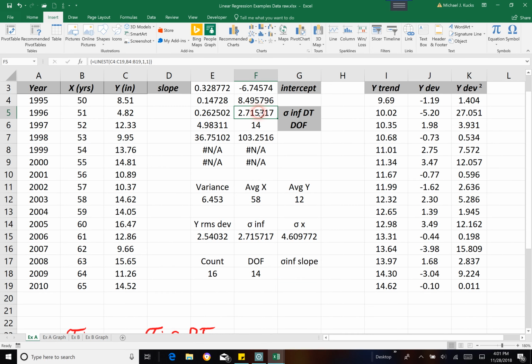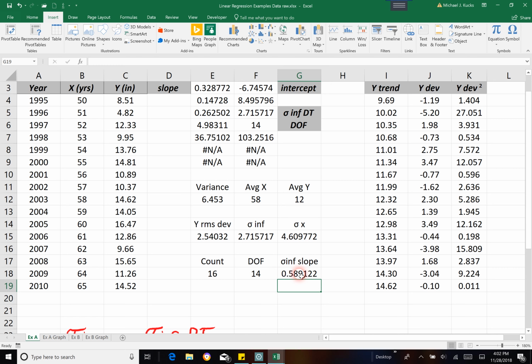These are the y values and how they deviate from the trend line. Okay, so equals this divided by the population standard deviation of the x values. So here's the population inferred standard deviation of my slope.